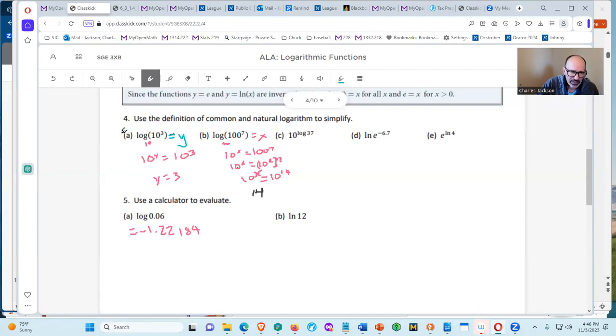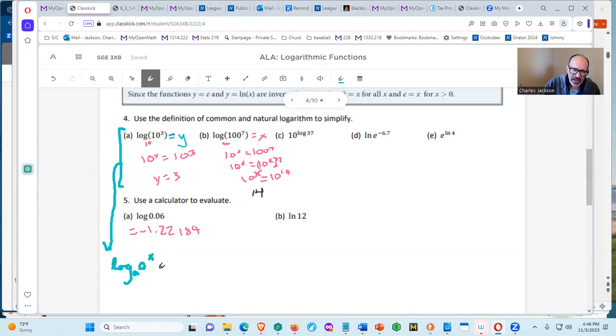Make a comment about this problem here. When you say log base 10 of 10 to the 3rd, it has the form log base a of a to the x.